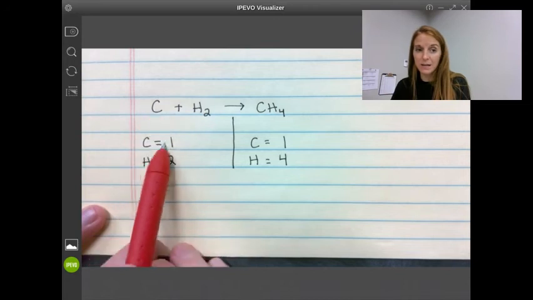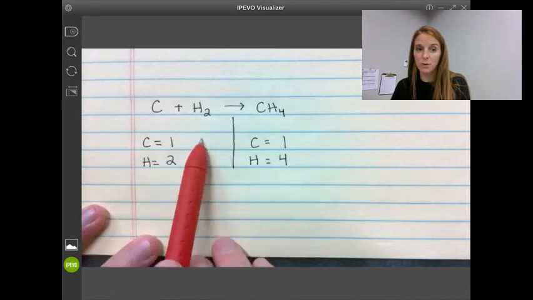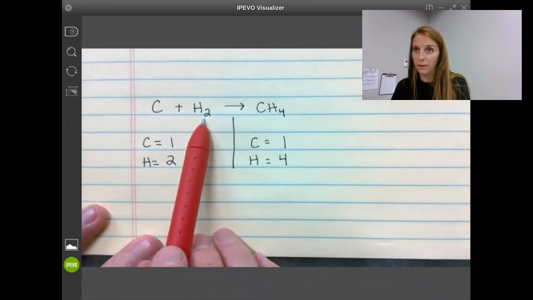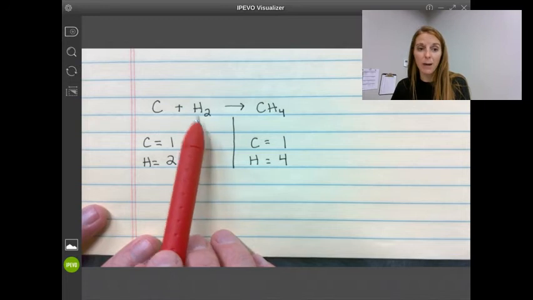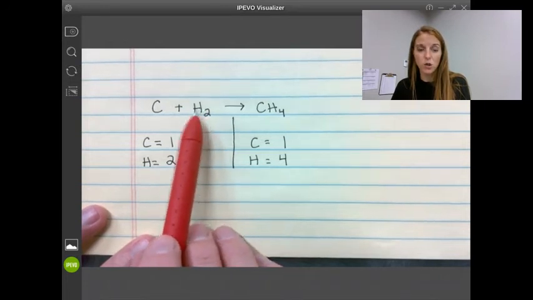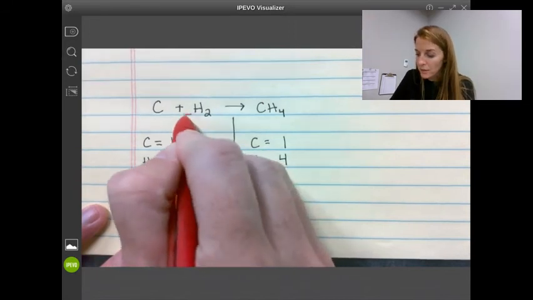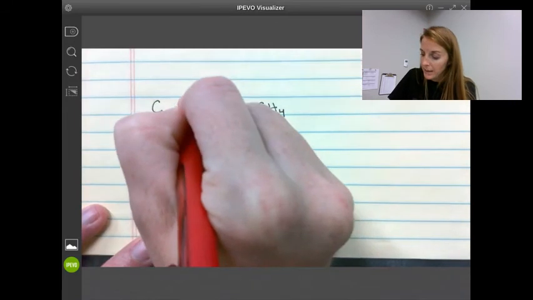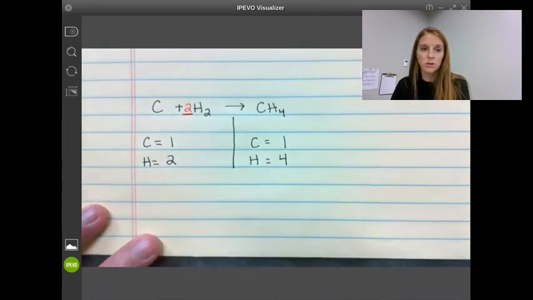So I have a C, so my C's are already lined up, so I don't have to do anything to those. But my hydrogen, I want to get this to be 4. So to do that, I have to use a coefficient. So I need to think about what times 2, because I already have 2 hydrogen. So what times 2 is going to give me 4 hydrogens? And the answer would be 2.